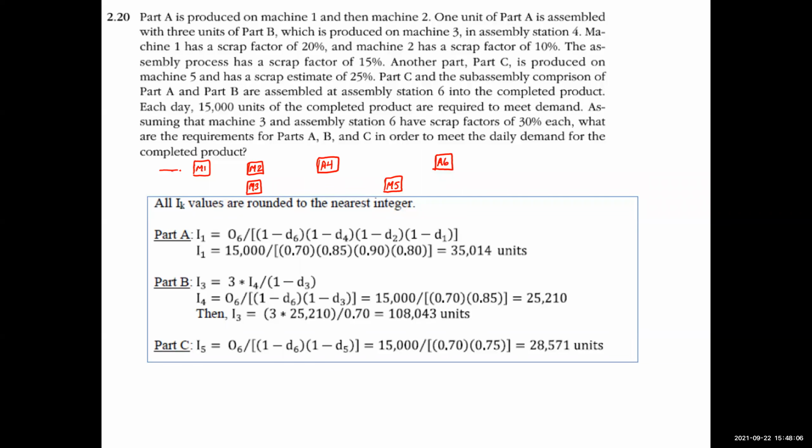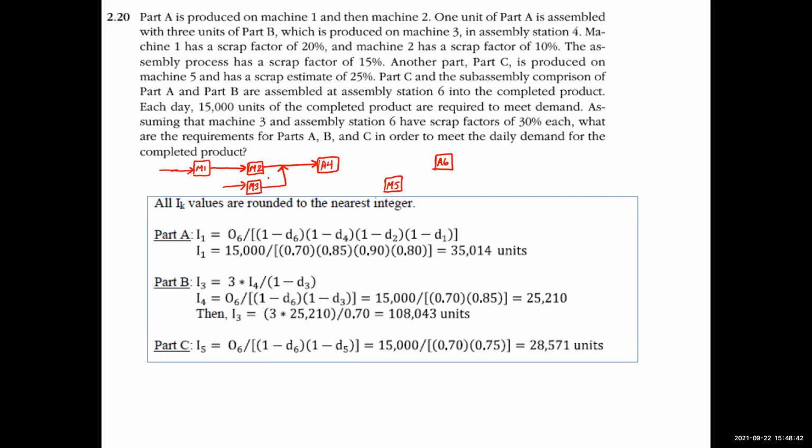So we have a part that uses machine 1 and machine 2. So part A is produced on machine 1 and then on machine 2. And 1 unit of part A is assembled with 3 units of part B, which is produced in machine 3. So from here, we get this connected to that assembly process, and we know this is going to be 3 times.